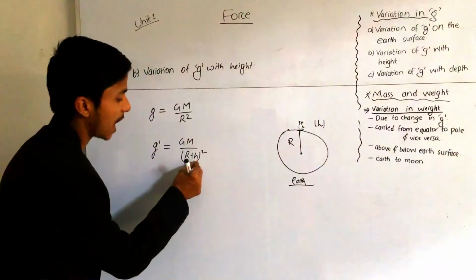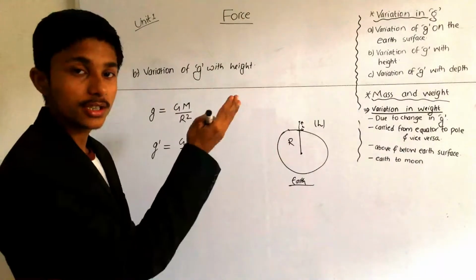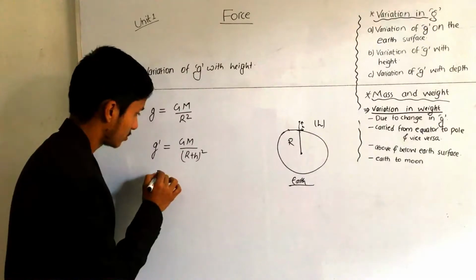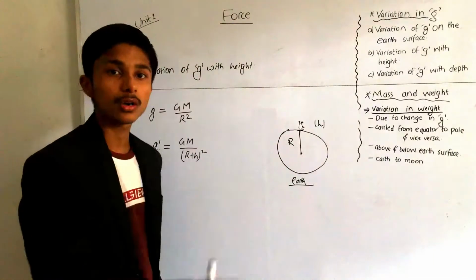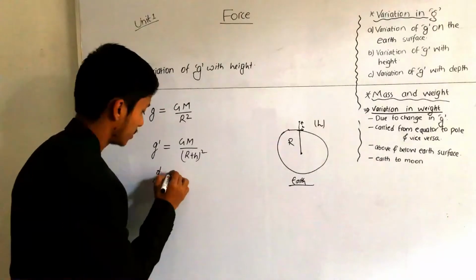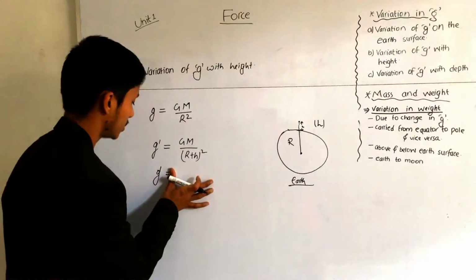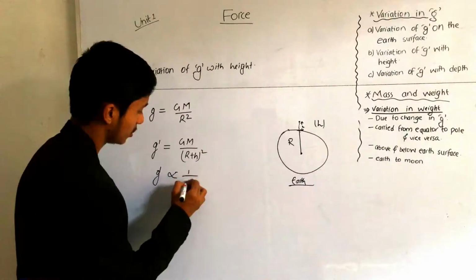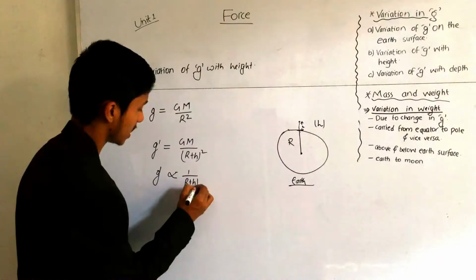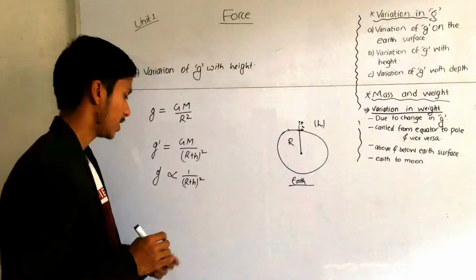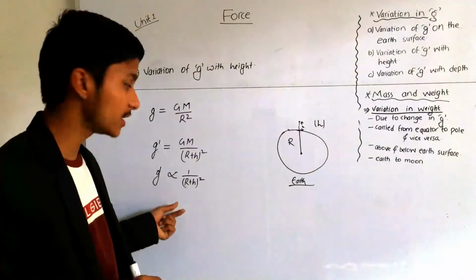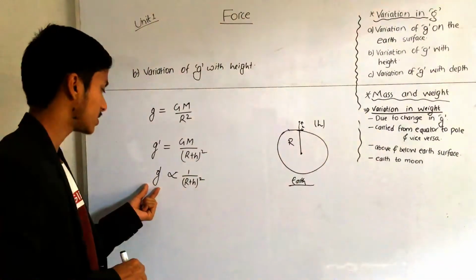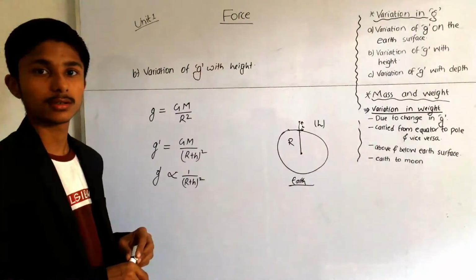Here, when the height increases, the value of the denominator increases. It means, when the mass of the earth is constant, it is inversely proportional to R plus H whole square. It means when the value of height increases, when the object is kept at height, then the value of acceleration due to gravity decreases.